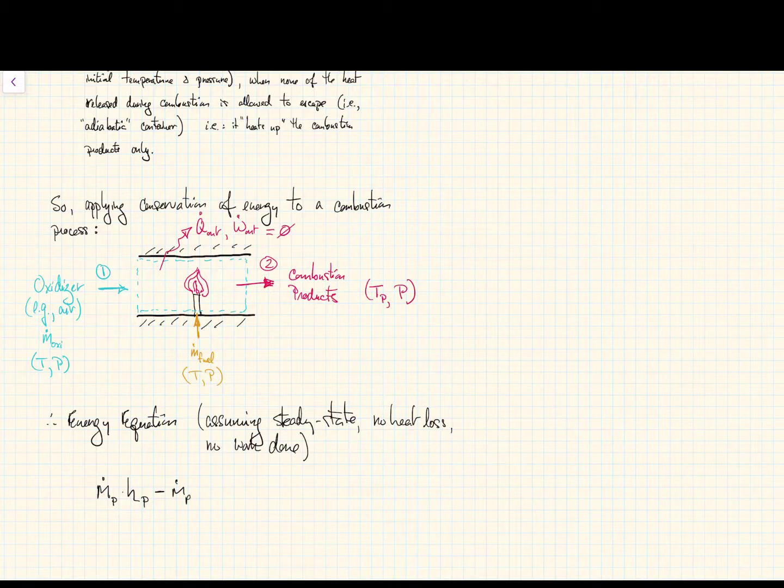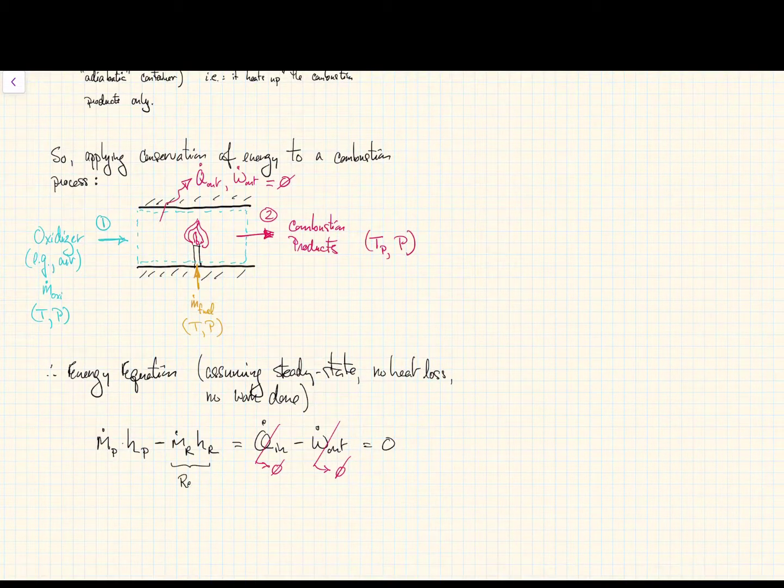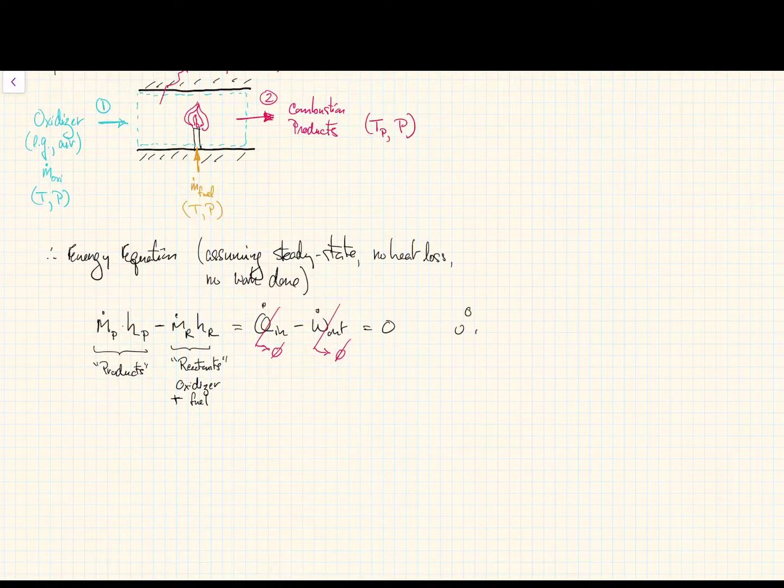So that means that the mass flow rate of the products times the enthalpy of the products, minus the mass flow rate of the reactants times the enthalpy of the reactants, has got to be equal to the total rate at which heat is added minus the rate at which work is done, which in this case is 0. So voila, that's it. The mass flow rate of the products times the enthalpy of the products must be equal to the mass flow rate of the reactants times their enthalpy.